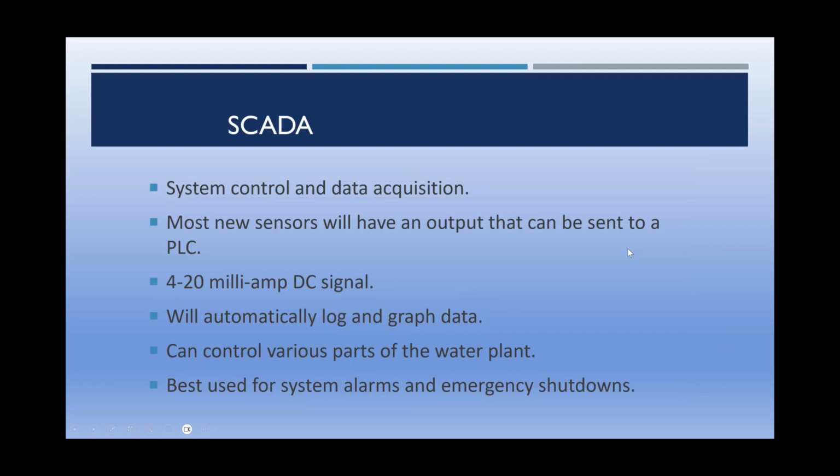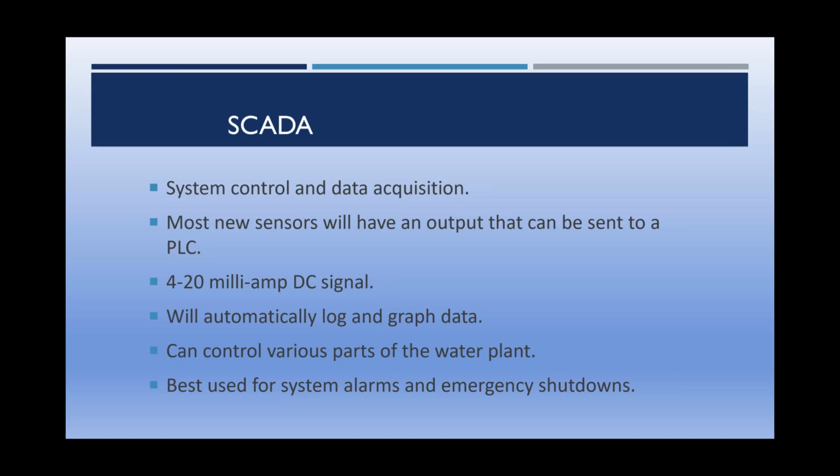The last thing I wanted to talk about was just SCADA systems. It stands for System Control and Data Acquisition. So most new sensors will have an output that can be sent to a programmable logic controller, so basically a computer. And it sends a 4 to 20 milliamp DC signal. So these systems can be quite useful.